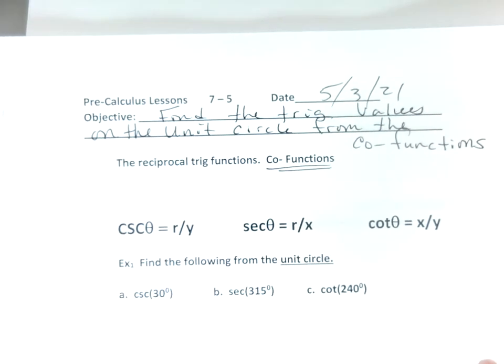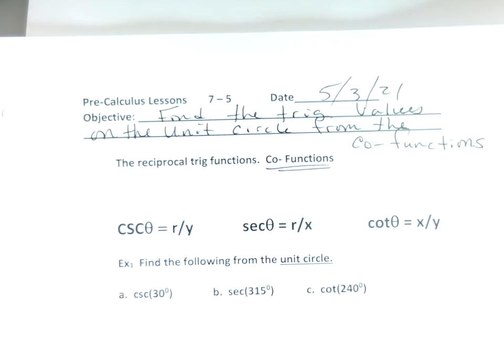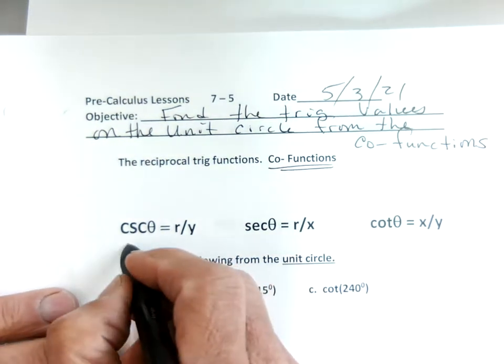I'm going to find the trig values on the unit circle from the co-functions, okay? Now, today's going to take a little bit of work, but it doesn't scare me, okay? So you ready? Here we go.